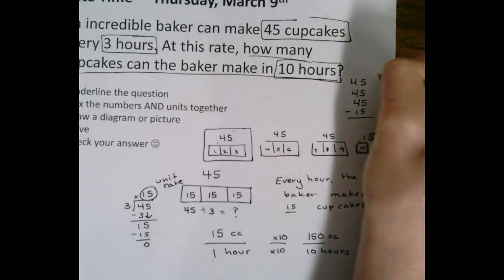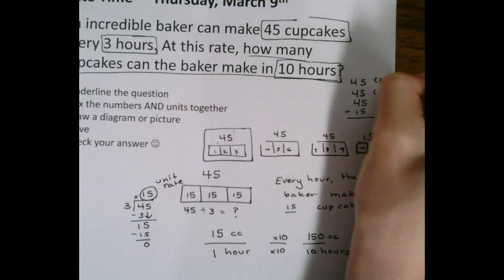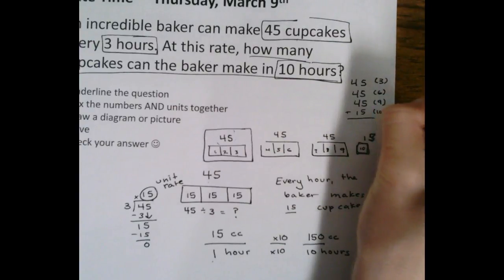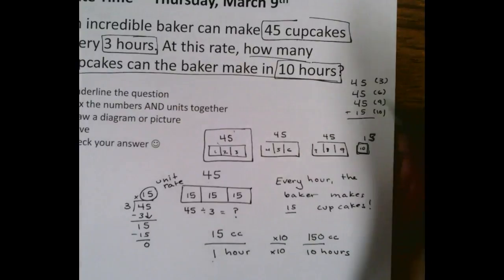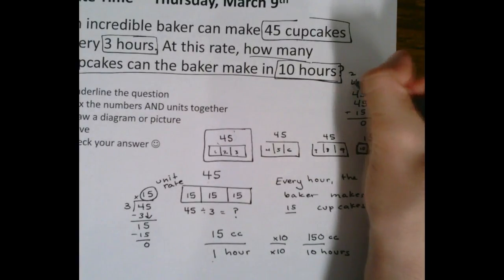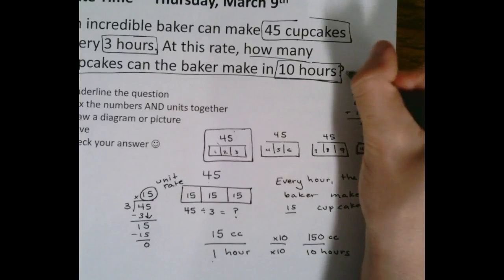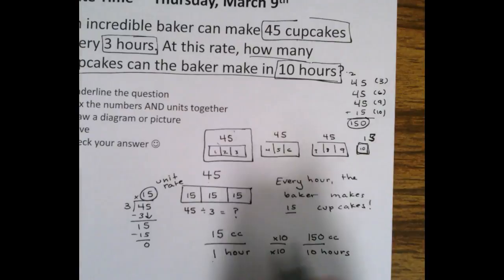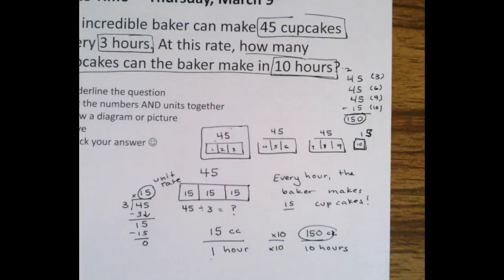I'm doing that because this is 3 hours, this would be 6 hours, this would be 9 hours, and this represents the 10th hour. So 5, 10, 15, 20, regroup the 2, 4, 8, 12, 13, 14, 15. 150. So we can see our answer from here and our answer from here match.